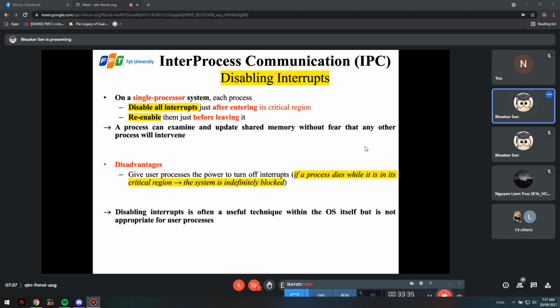Now, this is fine. If you can imagine this situation, you can say, all right, that's the way to ensure that they are mutually excluded. So when one process is inside that resource, no one can actually disturb it. But there is a problem. And what's the problem?